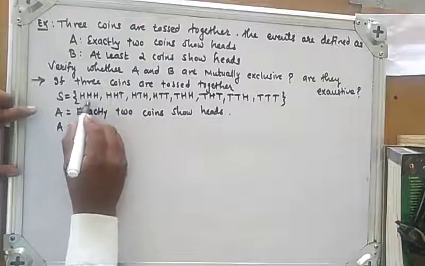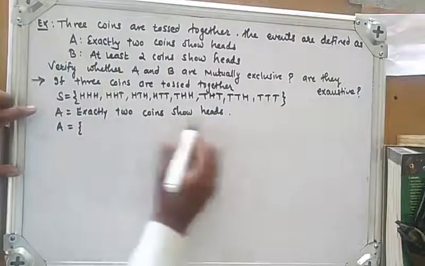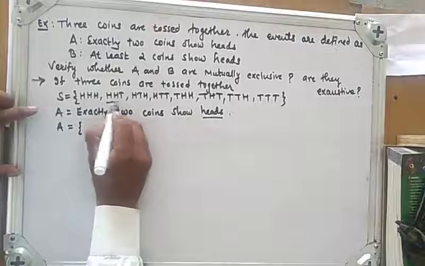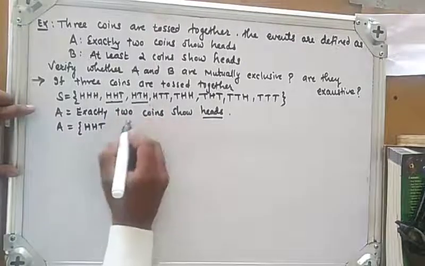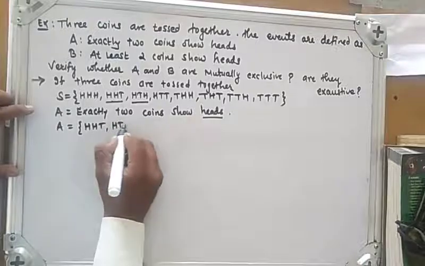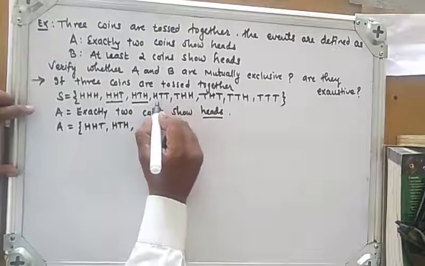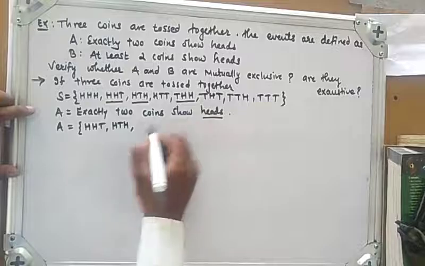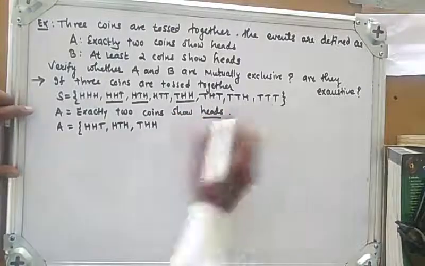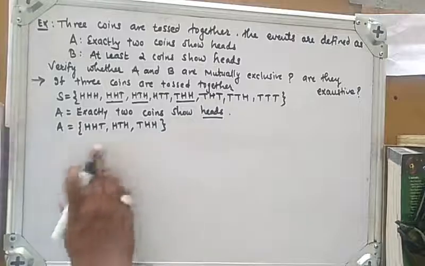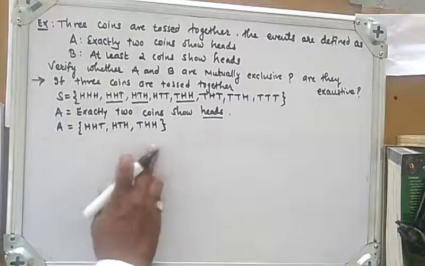So we want exactly 2 heads. Here HHT has 2 heads. Next HTH again has 2 heads. Next, there is no 2 heads. Here THH again has 2 heads. So there are only 3 sample points which have exactly 2 heads.